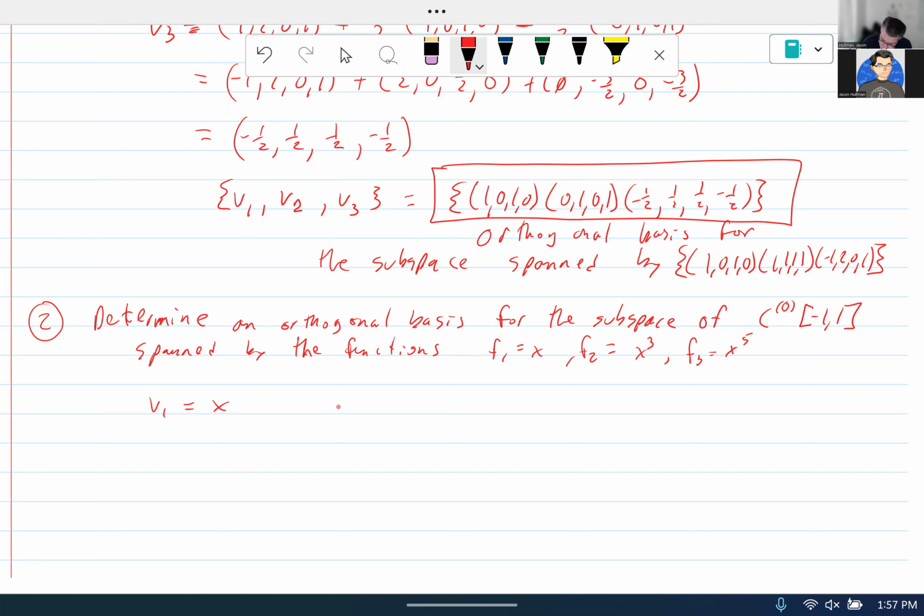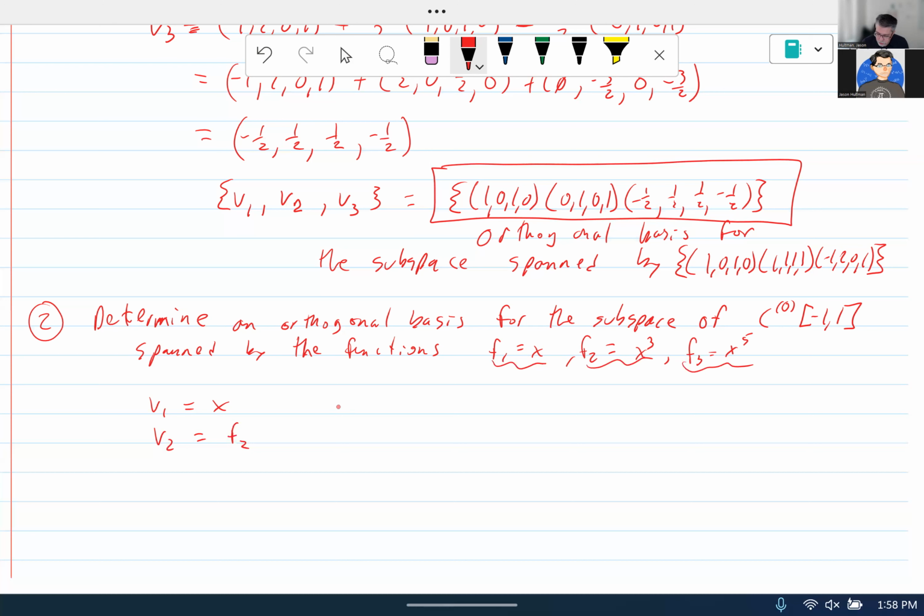The second thing is v2 is equal to f2, I'm going to call it f because x is the other variable, so I'm going to use f as the vector that we're working with, working with x cubed, our polynomials, our functions.